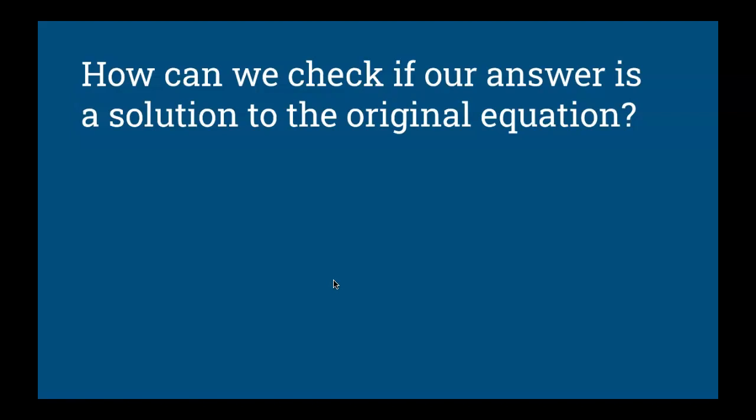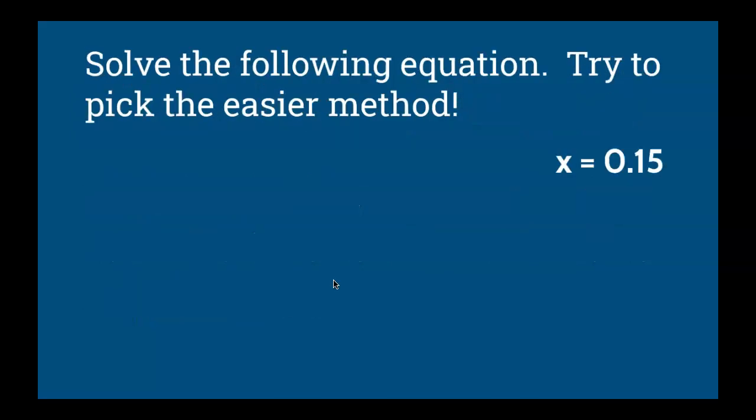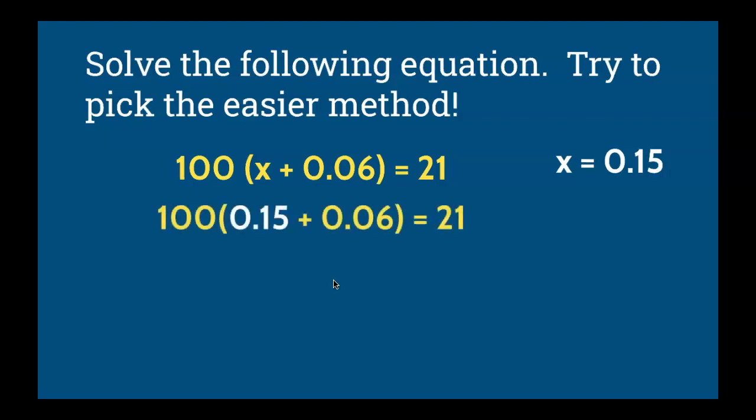All right, I want you to get familiar with being able to check if your answer is a solution to the original equation. And how you're going to do that is substitute the answer for the variable to see if it makes the equation true. So in this case, we thought x equals 0.15 was our answer to this problem: 100 times the quantity x plus 0.06 equals 21. So what we're going to do is put in 0.15 and replace x with that, and then solve like normal.